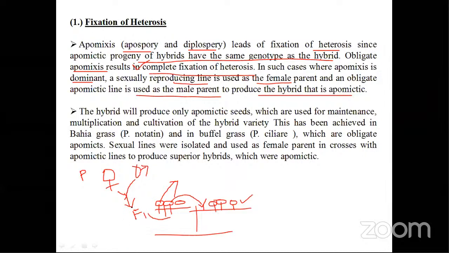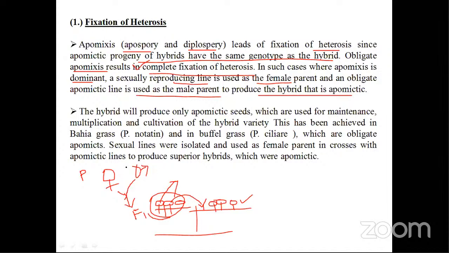Here F1 is there; in F1 you got heterosis, these plants are having heterosis. The seeds from here are sold to the farmer, and the farmer grows these seeds, and the plants that come up have apomictic seed. The farmer will sell the produce in the market, and he can save some part of it to grow in the next generation.